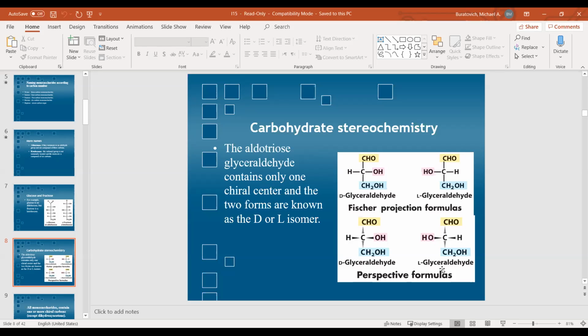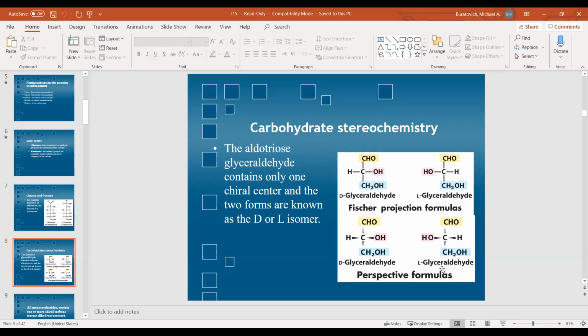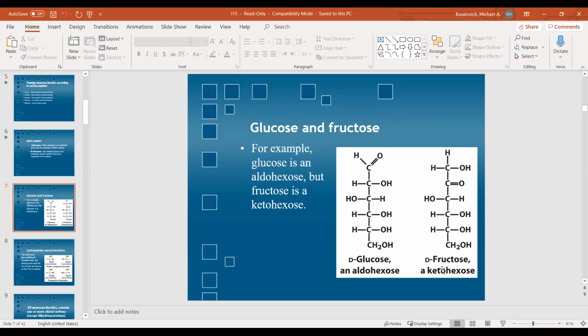Which hydroxide group do you compare to? The bottom one. This here. Yeah, that one there. So it's D because that's over here. So let's go back, toggle back.